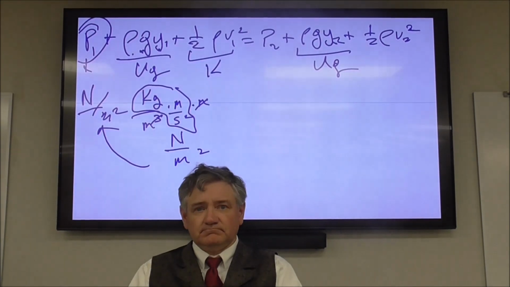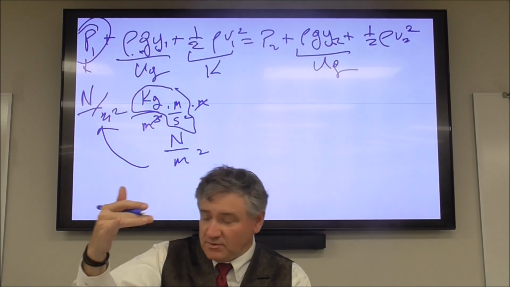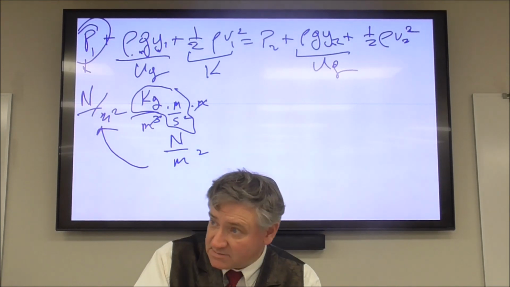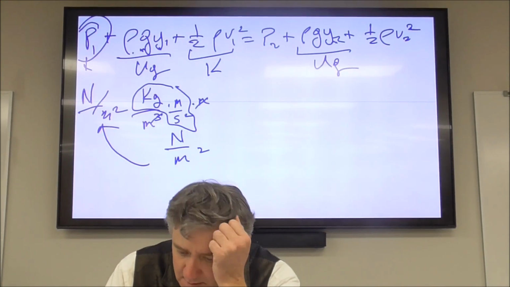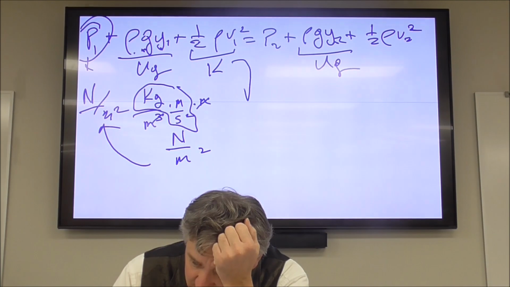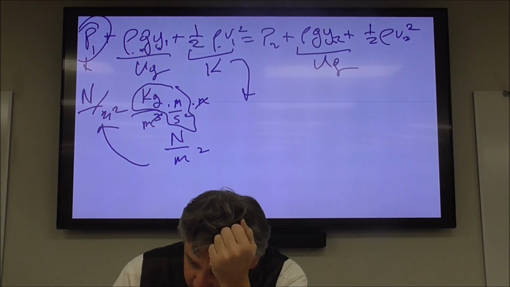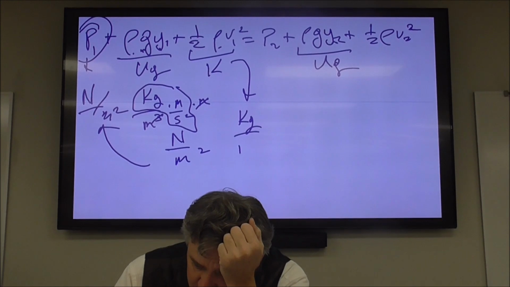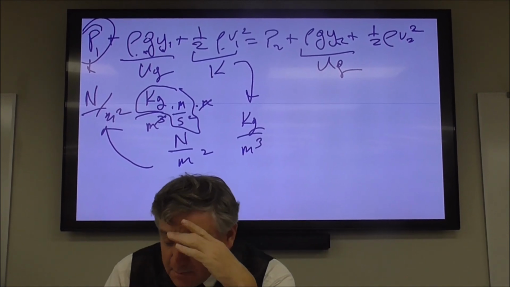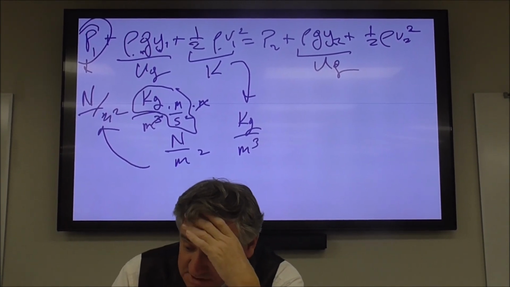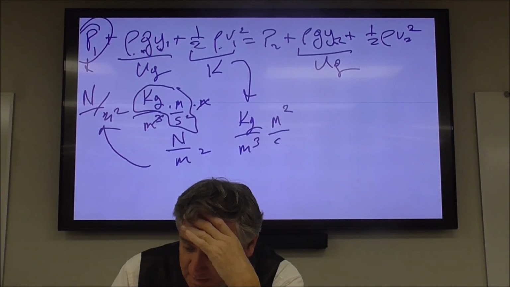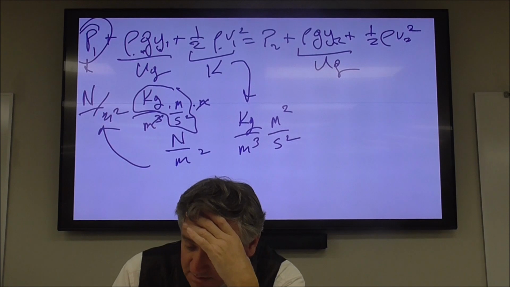Okay? So both of these are newtons per square meter. Looks completely different, but at the end of the day, that's what you end up with. Now, then you have 1/2 rho v1 squared. Well, rho is still going to be per cubic meter, but now you're multiplying it by v squared, which is meters squared per second squared. So again, newtons per meter squared.